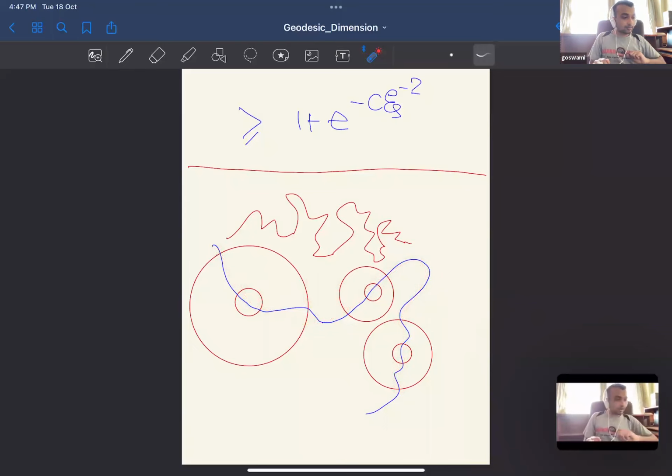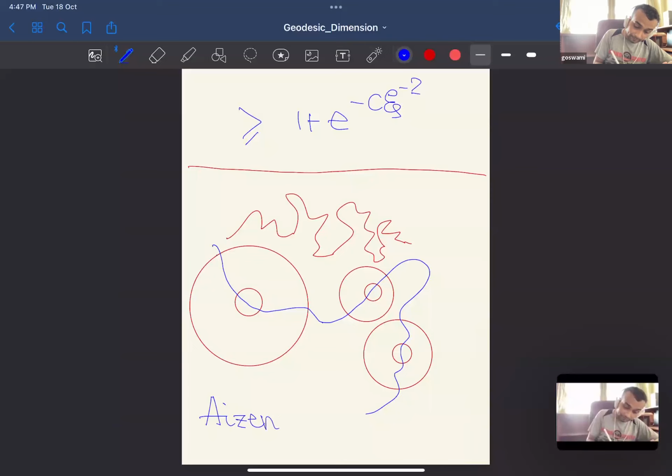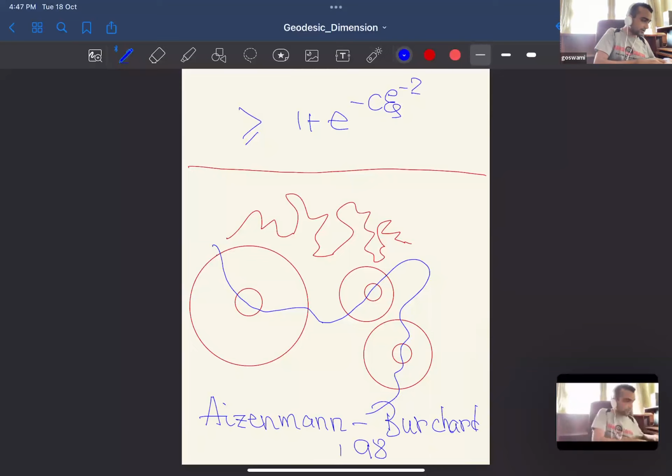How? A precise criterion was given by Aizenman and Burchard in a very famous paper in 1998. The paper is called Hölder regularity and dimension bounds for random curves.